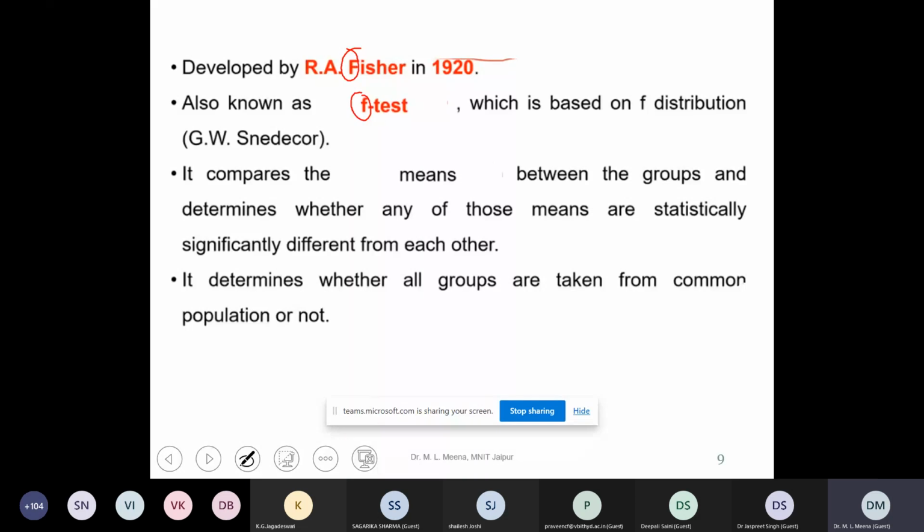ANOVA is calculated using the F table, which is based on the F distribution. It compares the means between the groups and determines whether any of those means are statistically significantly different from each other. It determines whether all groups are taken from a common population.